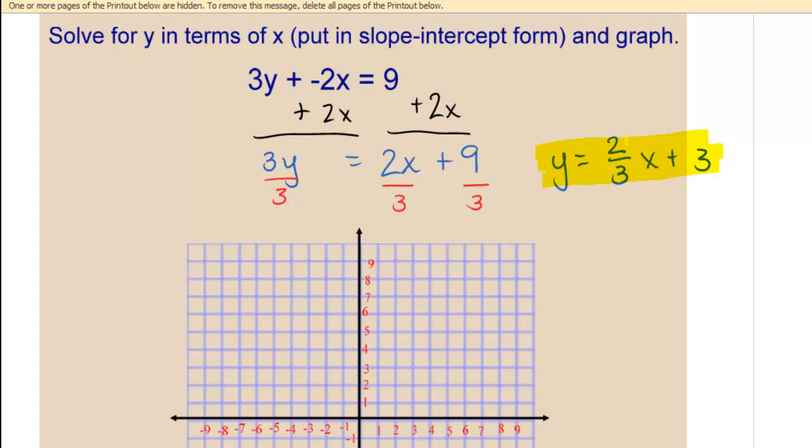So I've solved for y in terms of x, which is the same thing as writing my equation in slope-intercept form. So here's my slope, m, and here's my y-intercept, b. Again, this is the basic form of your slope-intercept equation. So now I'm going to start by graphing this equation according to b, the y-intercept rather.